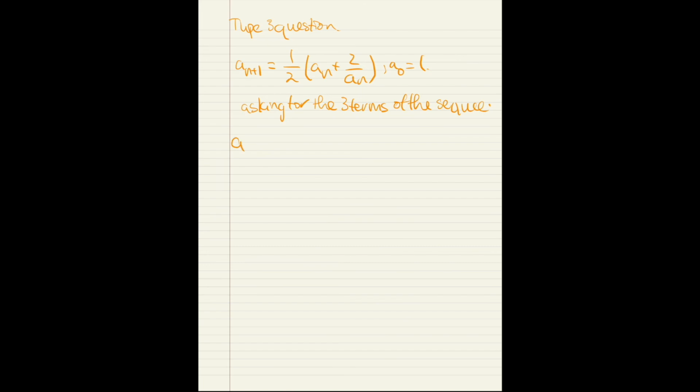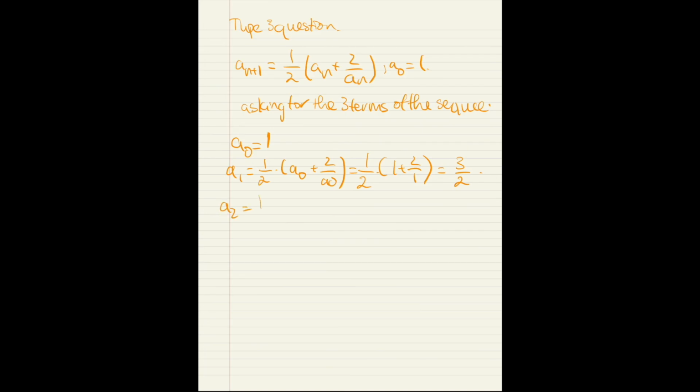The first term, we have to write a0 first, equal to 1. So a1 equals 1/2 times a0 plus 2 over a0, which is 1/2 times 1 plus 2 over 1, which is 3 over 2.